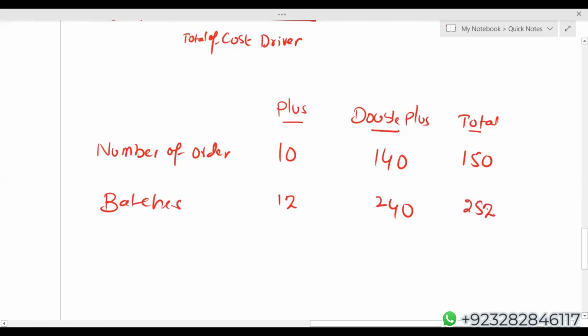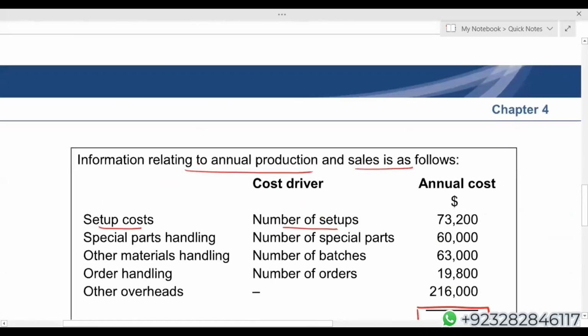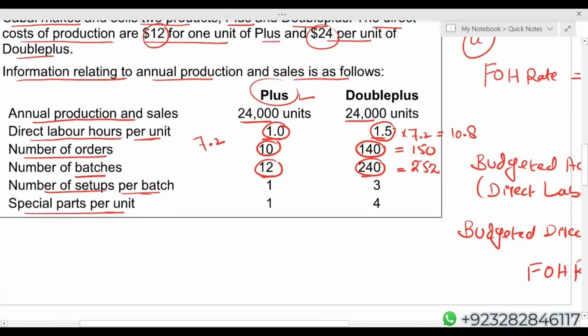Okay, come back. We have batches, that is 252. Now, number of setups per batch.